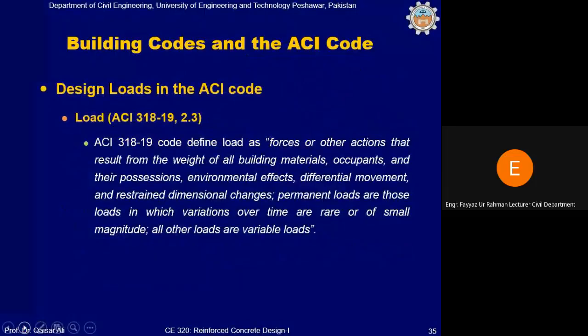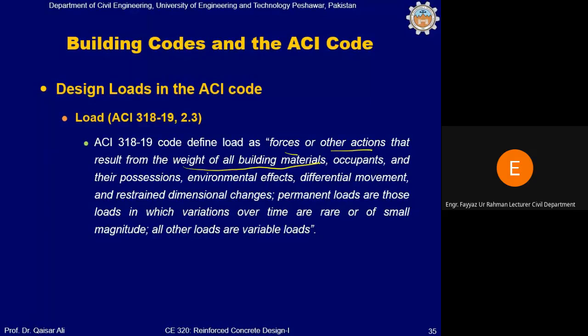Okay. So of course, you will design the different structural members for the applied loads. Loads are defined in ACI 318-19. A load is defined as forces or other actions that result from the weight of all building materials. So the self weight of a structural member is also a load.